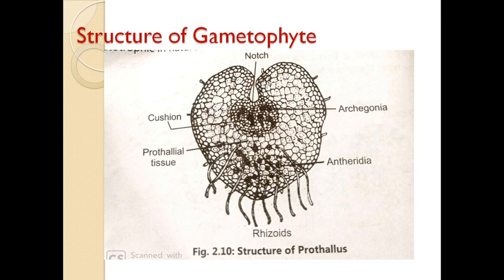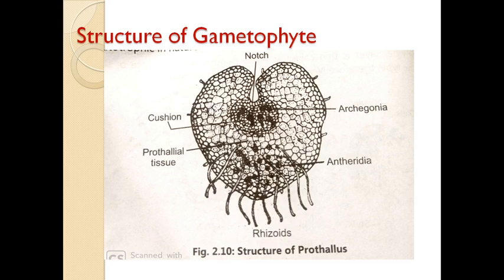The male sex organ antheridia and the female sex organ archegonia are produced on the same prothallus. So it is called monoecious. Remember that, students, an MCQ is asked. So the prothallus is monoecious.